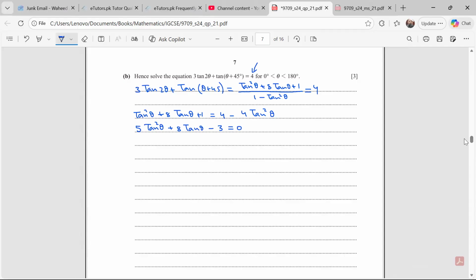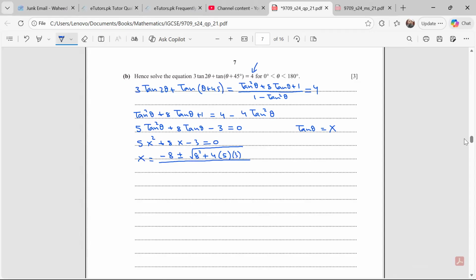So let's assume that tangent theta is equal to x. So this expression will become 5x squared plus 8x minus 3 equals 0. So I can use the quadratic formula to solve it. x equals minus b plus or minus the root of b squared, which is 8 squared, minus 4 into a into c, which is minus 3, so I'll make it plus 3 here, divided by 2a.